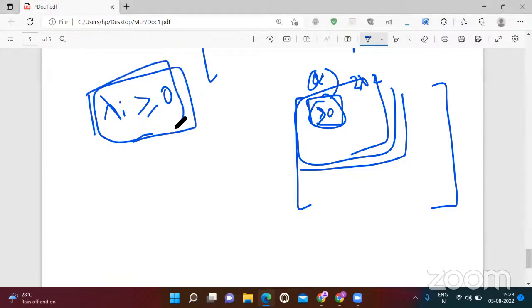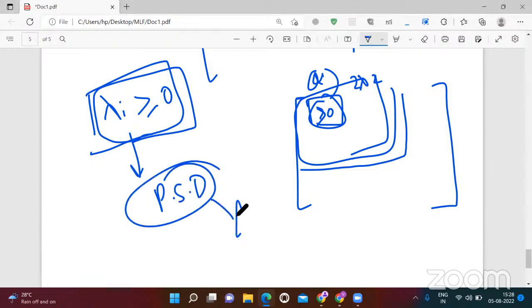So if this is the condition, it's PSD, right? And it's convex also. Yes.